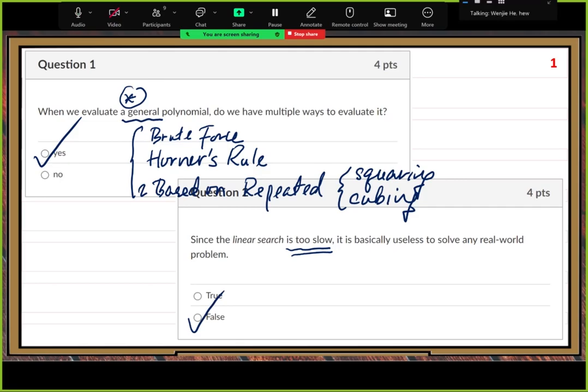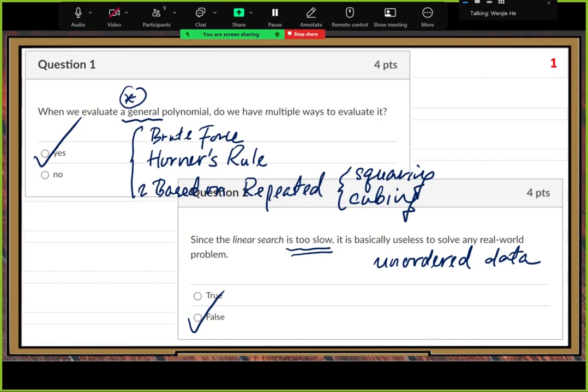The reason is simple: in the real world, many times we have unordered data, and you have to do the search. So then you can only use linear search. We know it's slow.